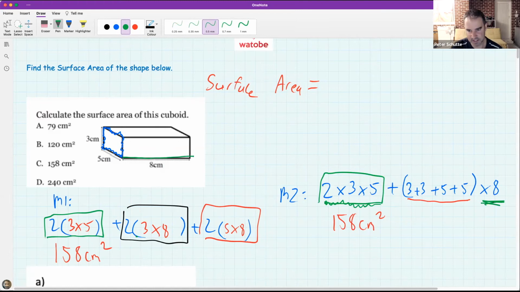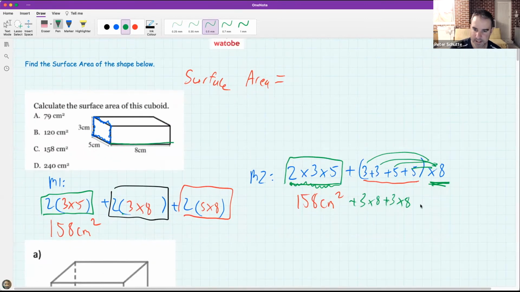It's 8 deep. Now, the reason this works is that if you imagine me multiplying these things out, you would get 3 times 8 plus 3 times 8. Let's zoom in for a second. Plus 5 times 8 plus 5 times 8. And what those things are doing is they are all the 4 rectangles that are wrapped around the outside of the shape.